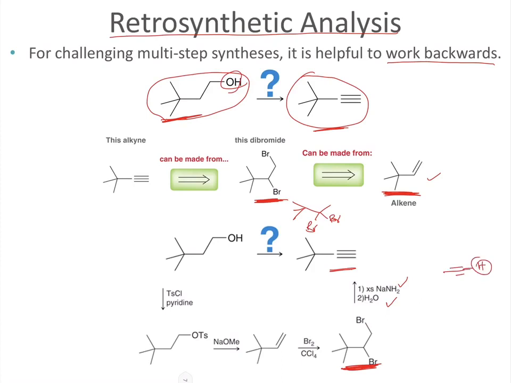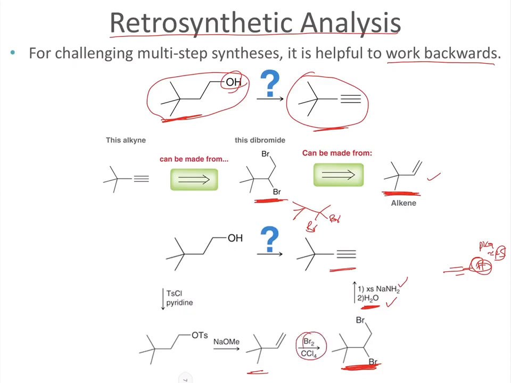That terminal alkyne, the pKa is around 25. So we need water to be able to protonate the terminal alkyne and also to protonate the base that we are using. The dihalide, we can form it from an alkene. And the way we achieve that is to perform halogenation.